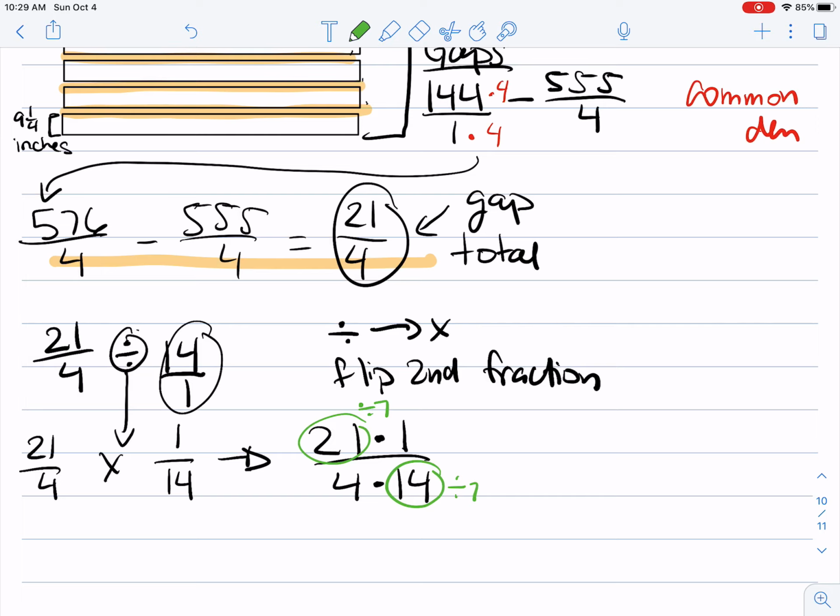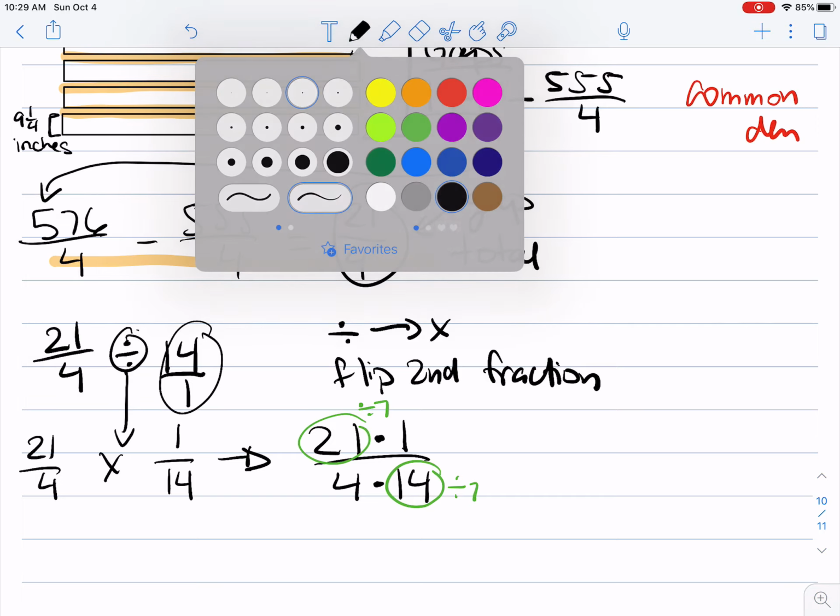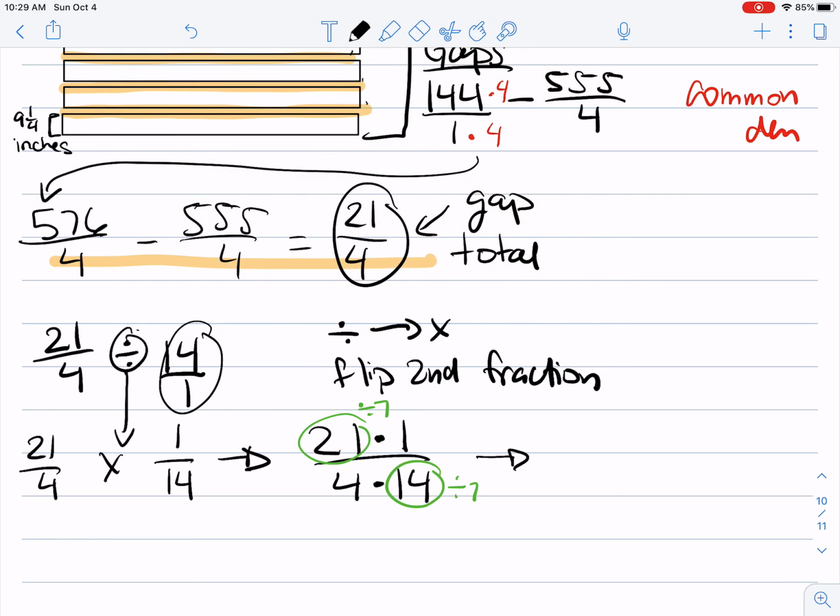So that would reduce this down to 21 divided by 7 is 3, so 3 times 1. And then 14 divided by 7 is 2, so that gives me 3 times 1 on top, which is 3, 4 times 2 on the bottom, which is 8. So the width between each board is 3/8 of an inch.